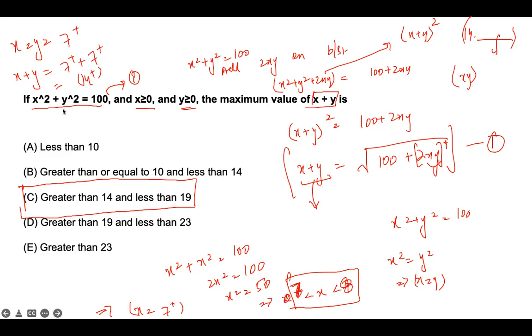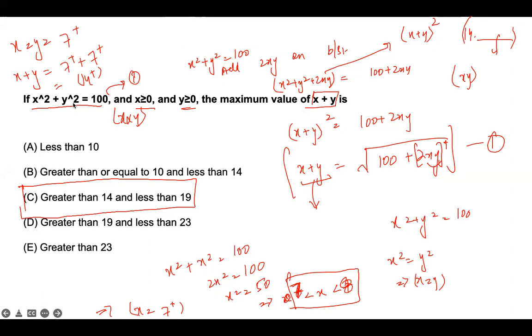So the thing is, in this question, if you want to maximize the value of x into y, you need to have very close values for x and y. In that scenario, you could have a maximum value of x into y. But in the extreme, if you make this maximum and this minimum, this 10 and this is 0, then x plus y will become 10, which is not the maximum.